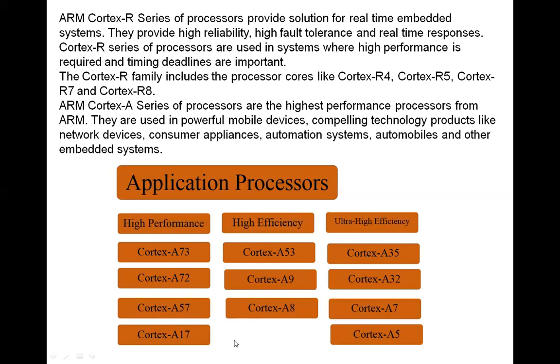Ultra high efficiency includes A35, A32, A7, and A5. So this is about the application processors.